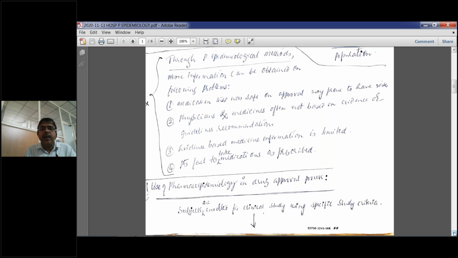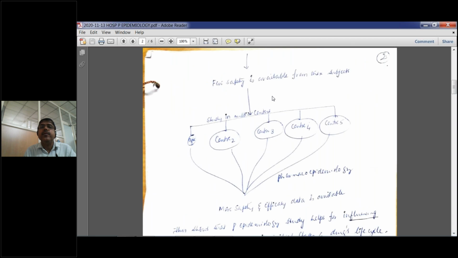So once they are enrolled, little safety information is available from these patients. Say, for example, when the drug is introduced in the market, especially in phase 4, the number of adverse effects reported is less.